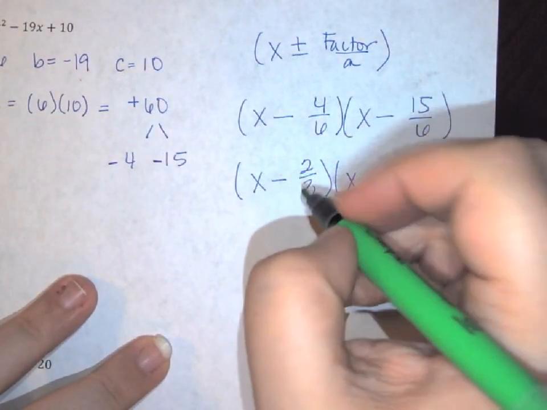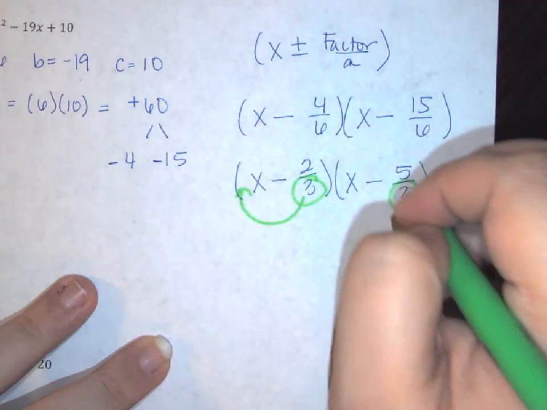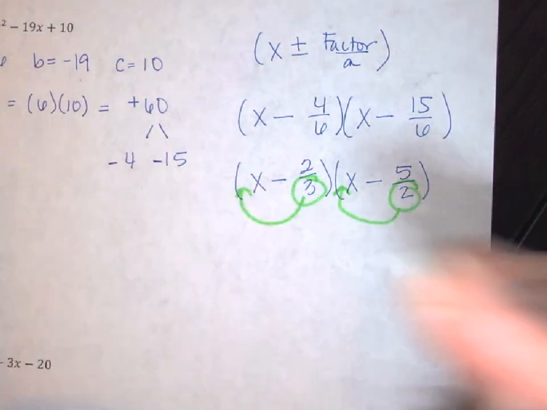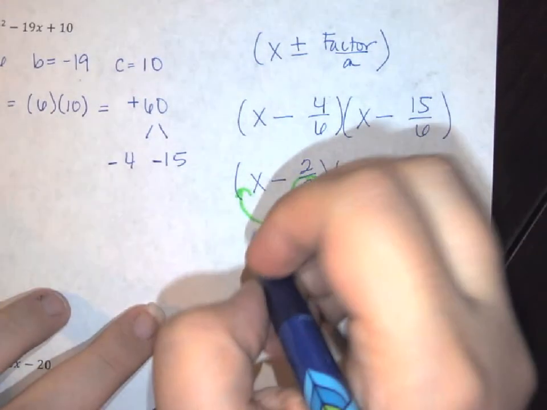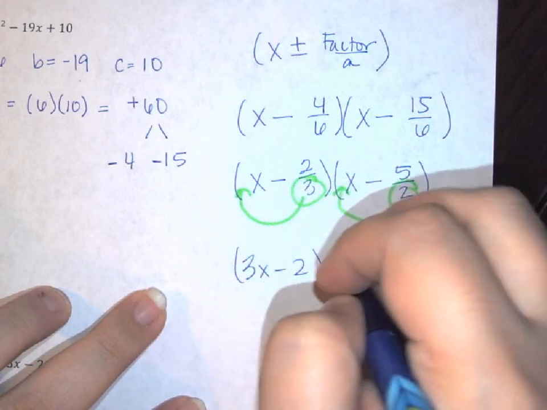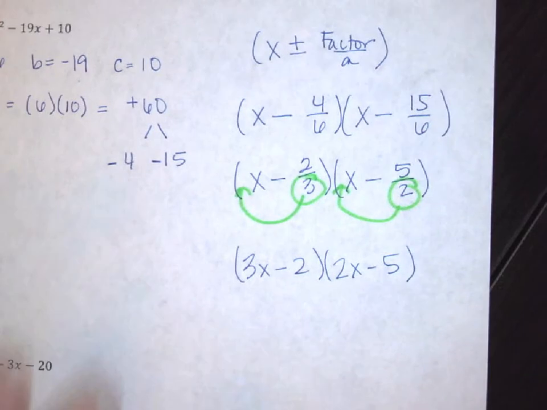Bottoms up says your denominator is going to flip up into your x. You can kind of think of it as like you're taking a shot, right? Bottoms up, take a shot. So here we have 3x minus 2 times a 2x minus 5. Again, FOIL that together and you should get what you started with. Okay?